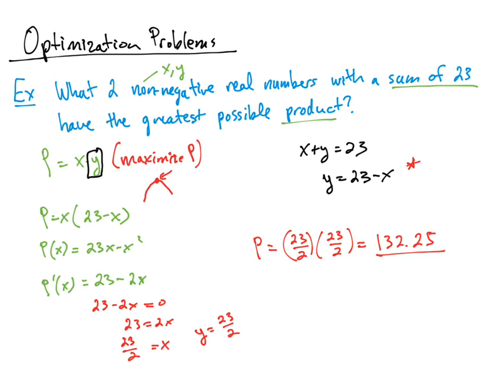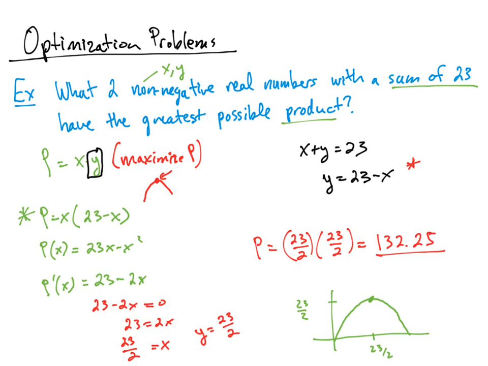If we think about this graphically, what that's saying is if we were to graph this p function, or p of x, it's a parabola facing downward. It's going to look something like this. The x coordinate is going to be 23 over 2. So this vertex right here is those coordinates, 23 over 2, comma 23 over 2.